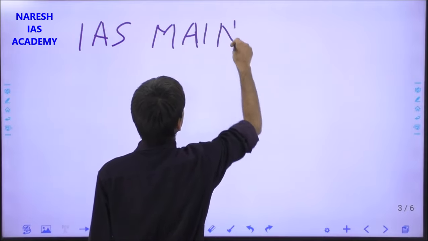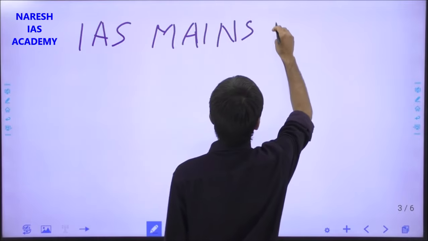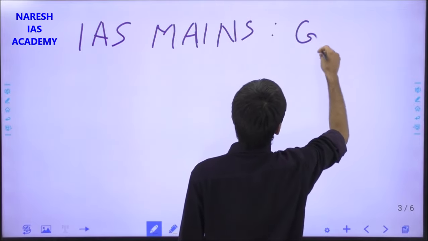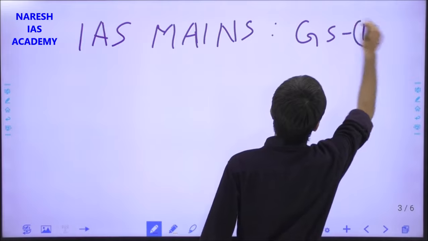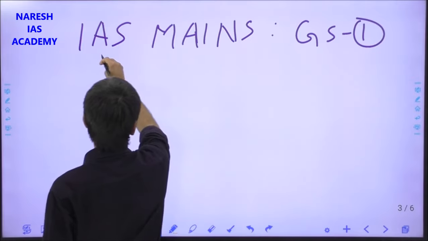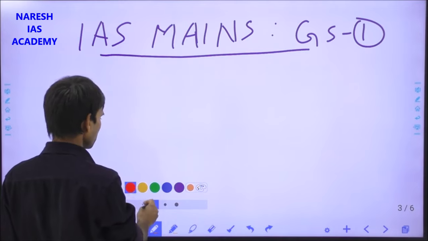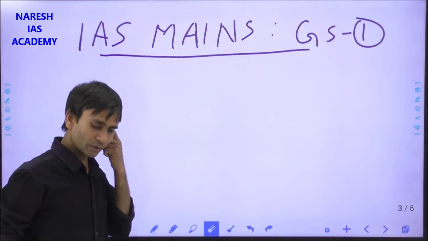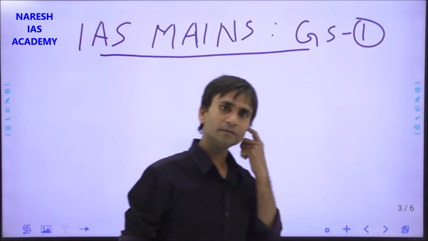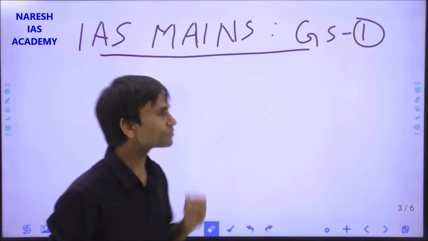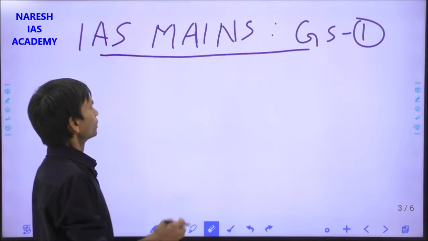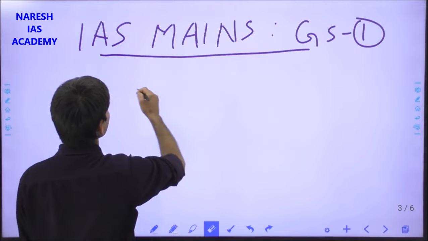And this is my next series on GS paper 1, and I will definitely cover GS paper 1 through 20 videos so that it may be more helpful for you and you can take qualitative guidance from these videos. Today my topic is the Earth's atmosphere.